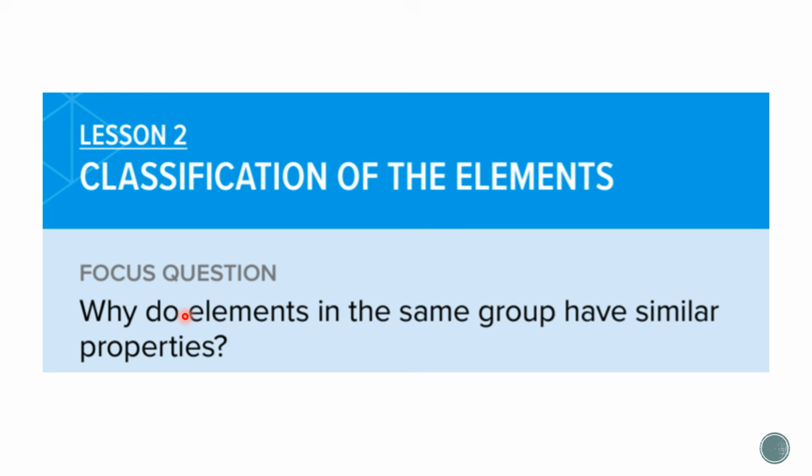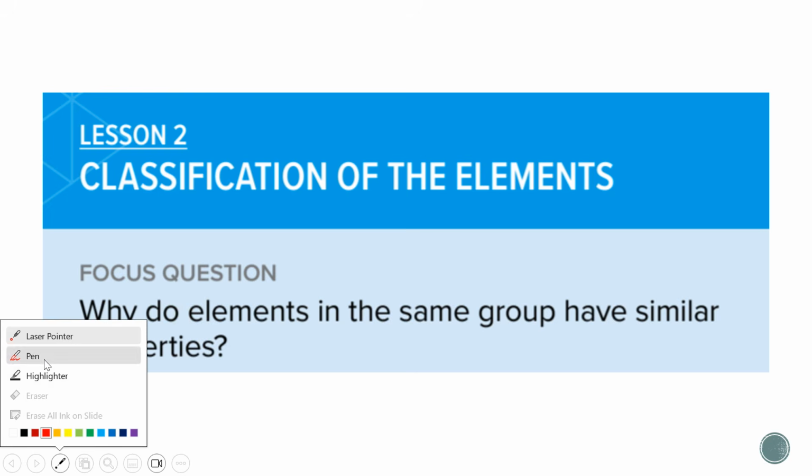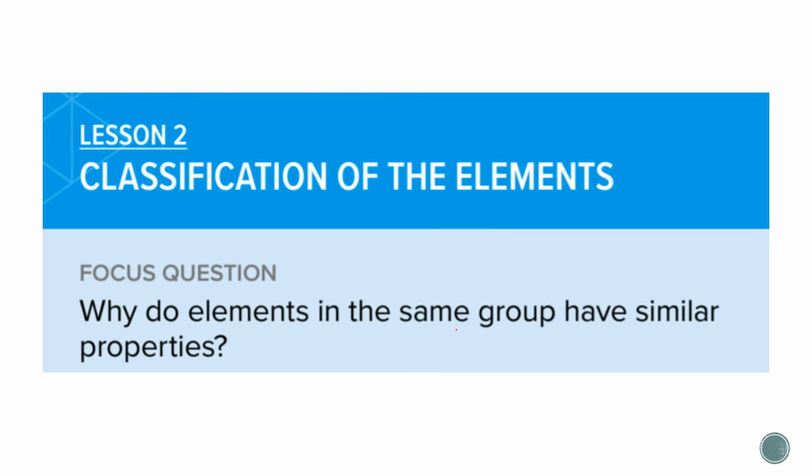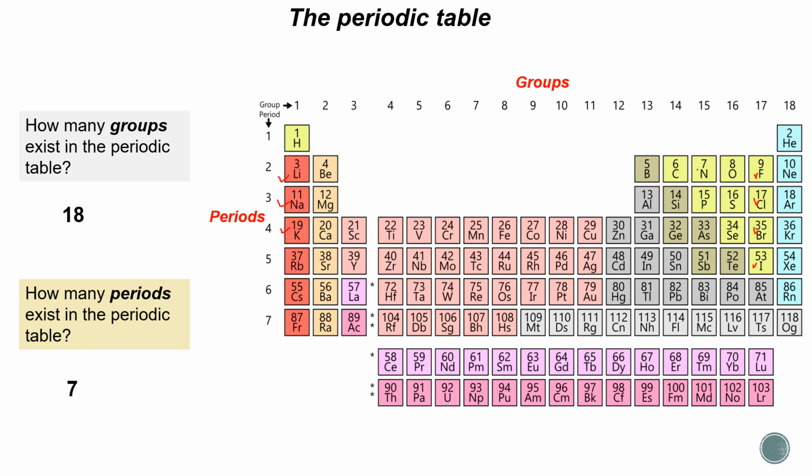All right, so this is the main idea or the focus question of this lesson. Why do elements in the same group have similar properties? For example, if we go to group 18, which are noble gases, why are noble gases chemically inert, or not very active?